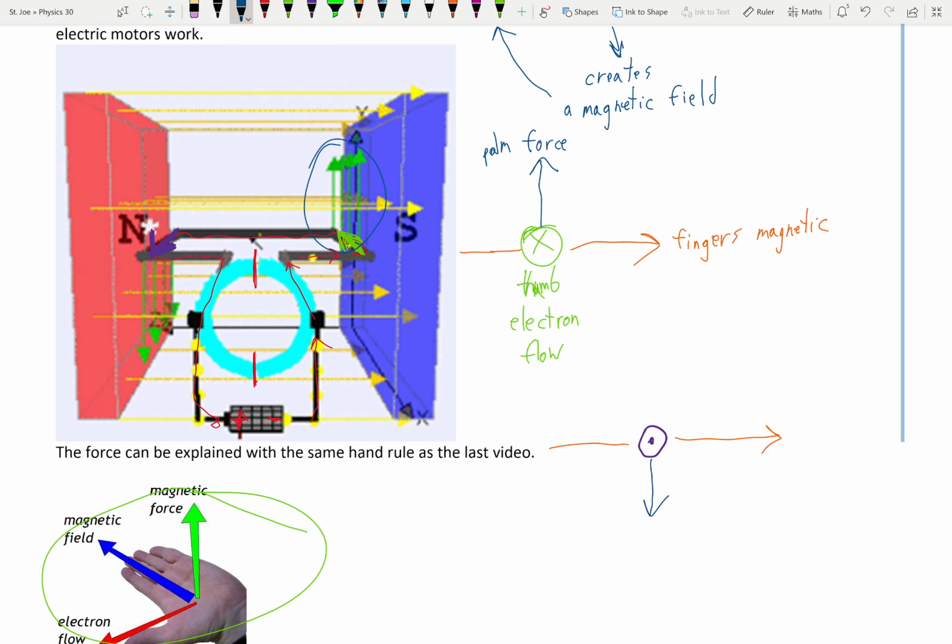So your thumb is up out of the page, your palm is down along the page, and the magnetic field lines are that way. You can see how the force is being created on both sides, and since both forces are in the same twisting direction, the entire thing will rotate, which is exactly what you want. You can simply attach maybe a metal shaft on the other side.